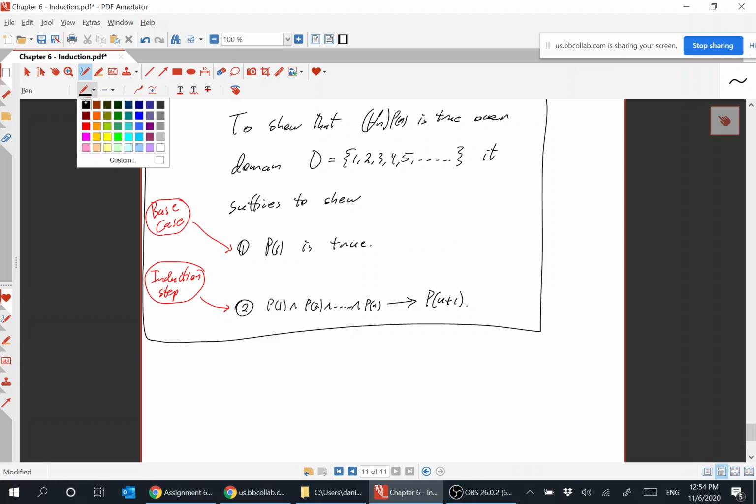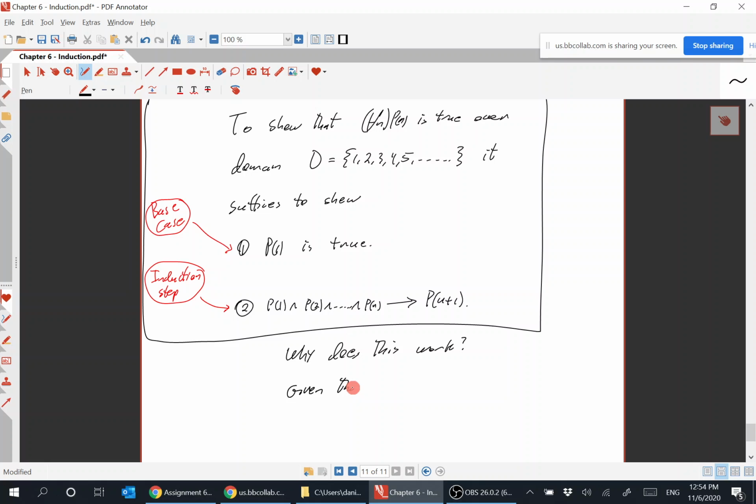Why does this work? Well, given that P1 is true, and P1 implies P2, we get that P2 is true.